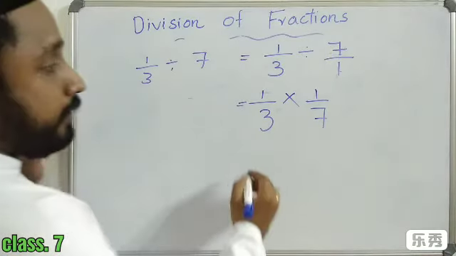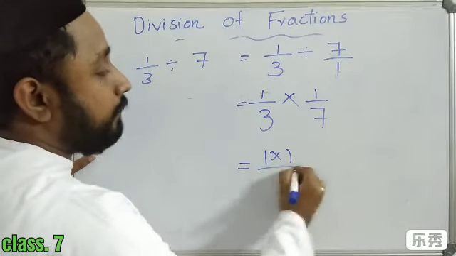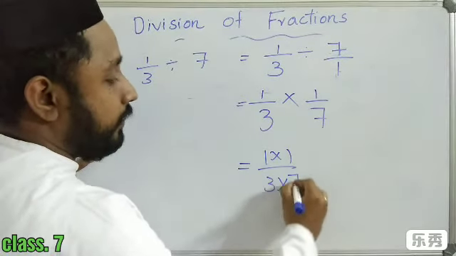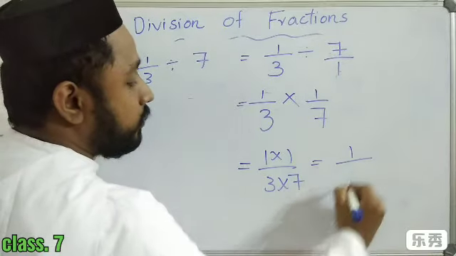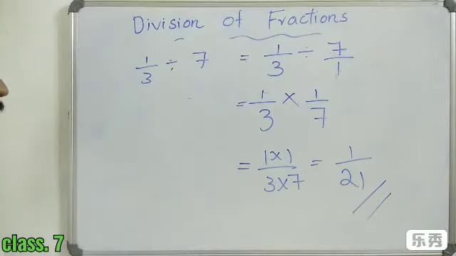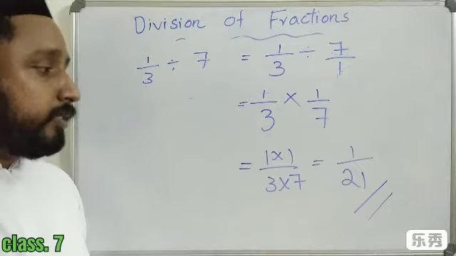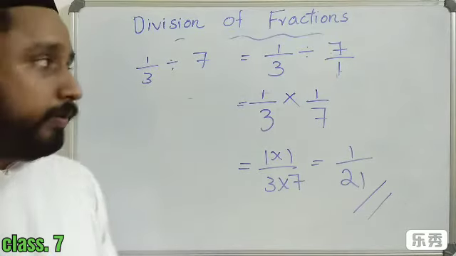Now we multiply 1 by 3 and 1 by 7. That is 1 into 1 by 3 into 7. 1 into 1 is 1. 3 into 7 is 21. So 1 by 21. So 1 by 3 divided by 7 is equal to 1 by 3 divided by 7 by 1, which is equal to 1 by 3 into 1 by 7, which is equal to 1 by 21.